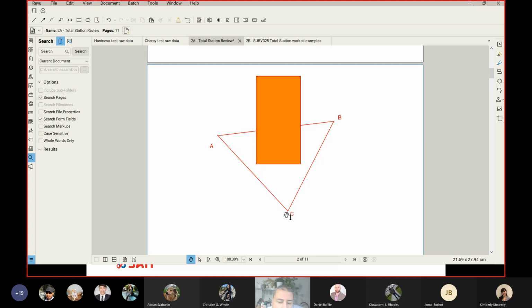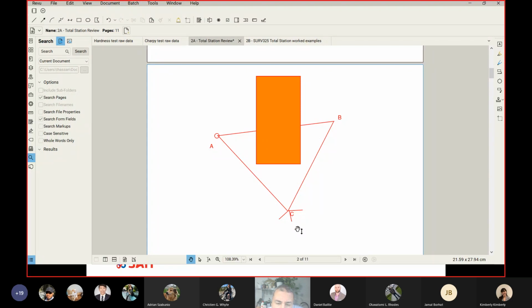Let me ask you, what if I have my total station here? Remember, it's still a plan view, but I'm showing you that your total station is here, and let's say I have a prism here. What can I measure if I do that?